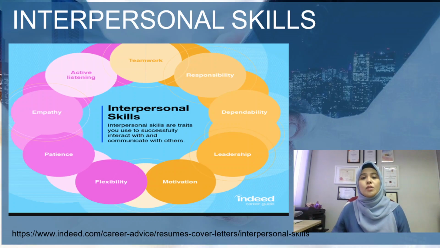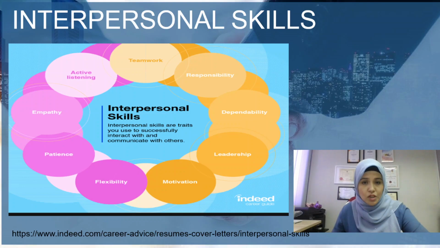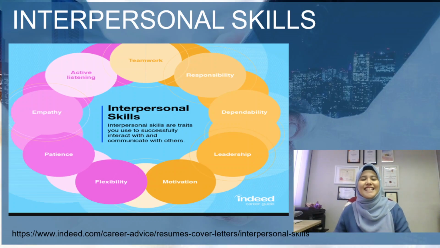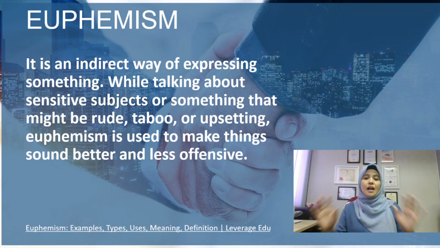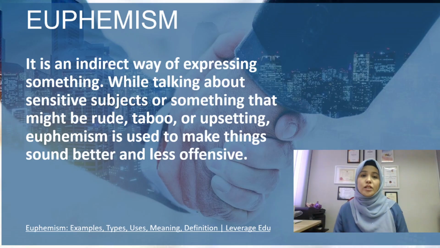Because in order for you to convey your message effectively, you need to understand other people's situation, be empathetic or care about others, and also listen to what they want to say, and make sure it is not what you want to hear. Okay, it is what that person really wants to say. Those are a little bit about interpersonal skill and communication.